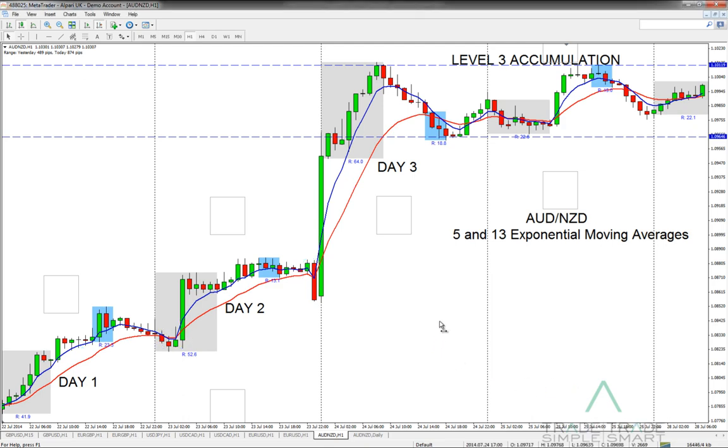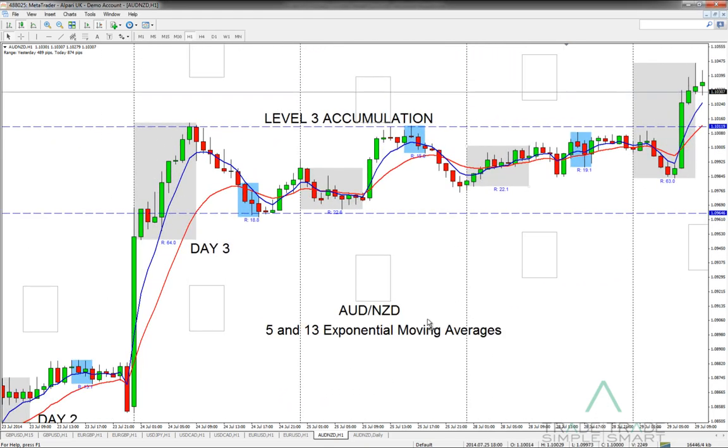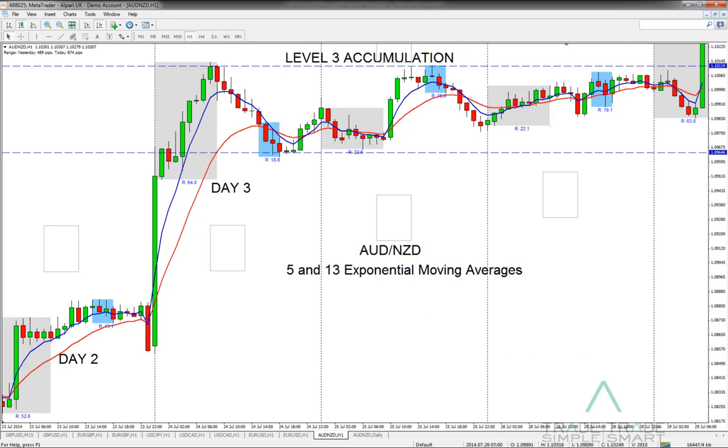As smart money begins to accumulate positions in level 3 accumulation, look at the behavior of the moving averages. We have a cross here, another cross, 4, 5, 6. So we have a total of 8 crosses.